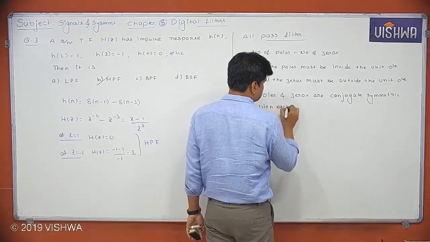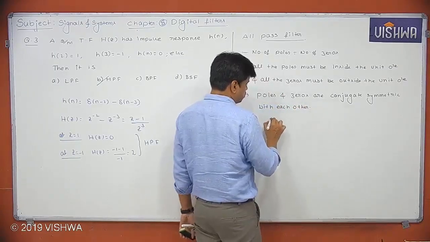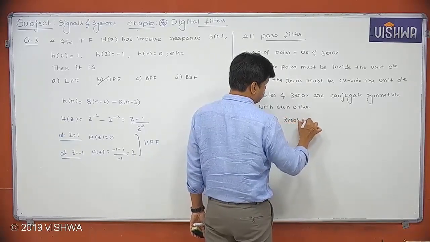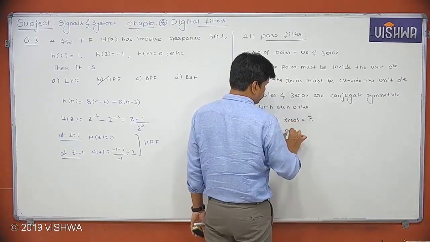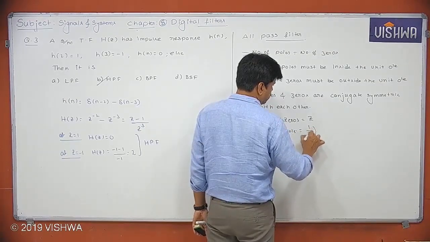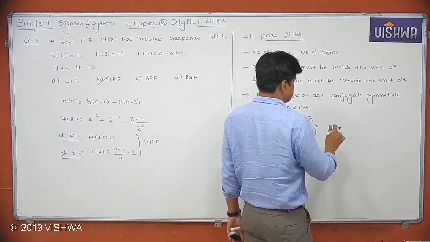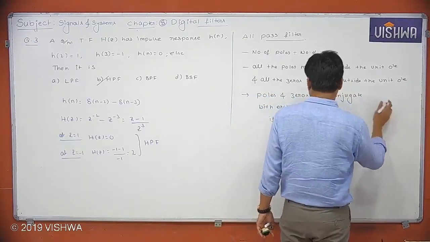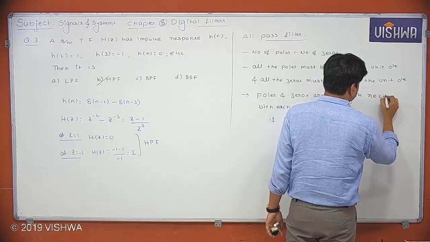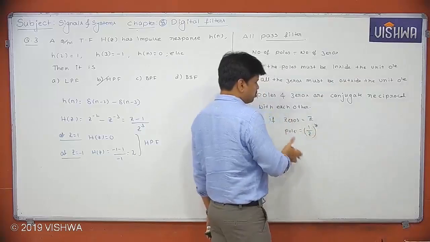What do you mean by that? Suppose a zero is equal to z, then the pole for this is nothing but 1 by z conjugate. Conjugate reciprocal to each other. Not symmetric, sorry, conjugate reciprocal.